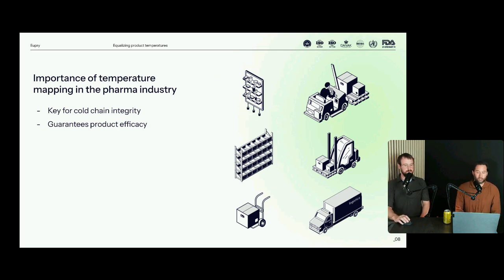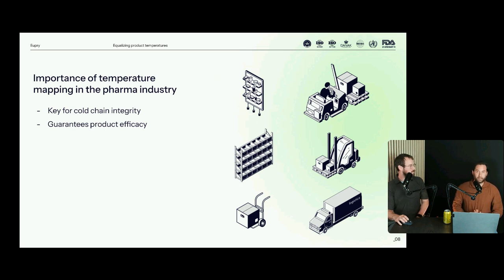Without executing regular mapping exercises, you'll not be able to stay within the same environment. But at the end of the day, there are also costs and financial implications. First of all, I can mitigate goods loss with proper storage. That means I can most likely lower insurance costs.